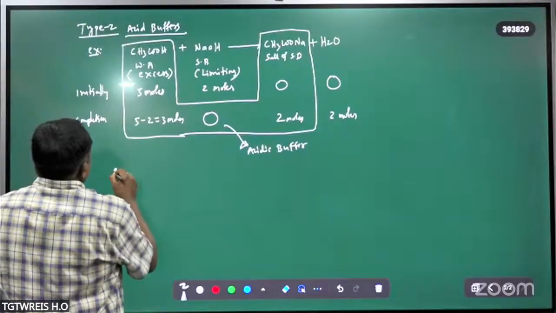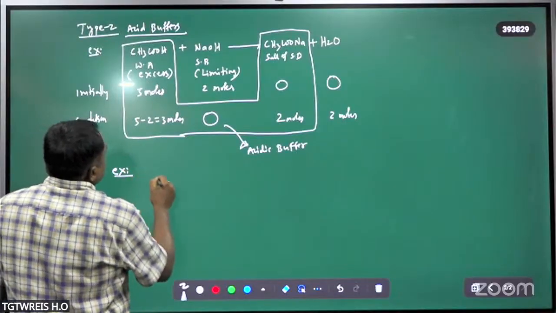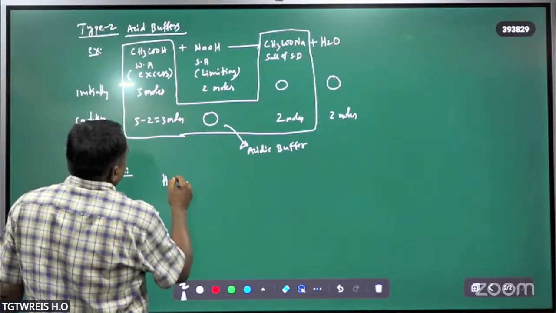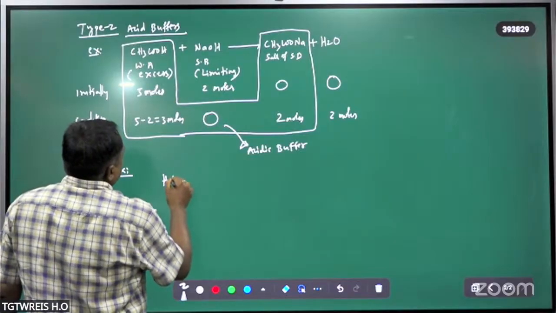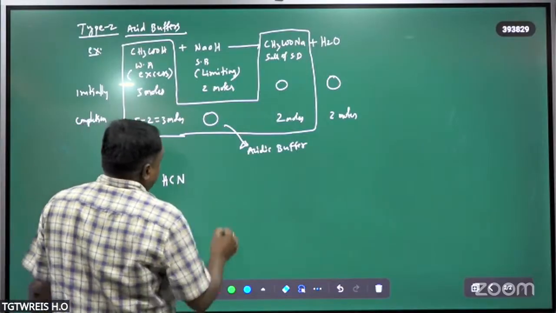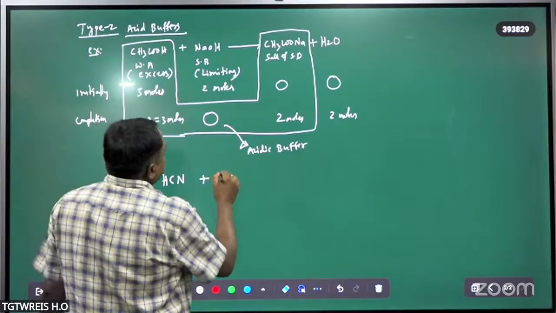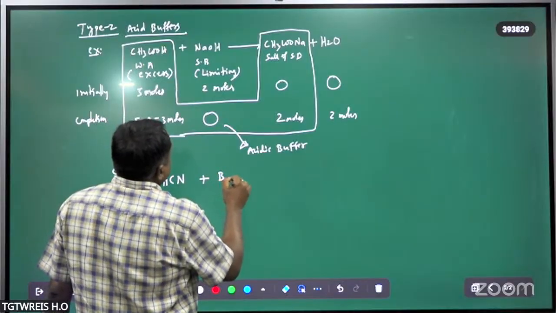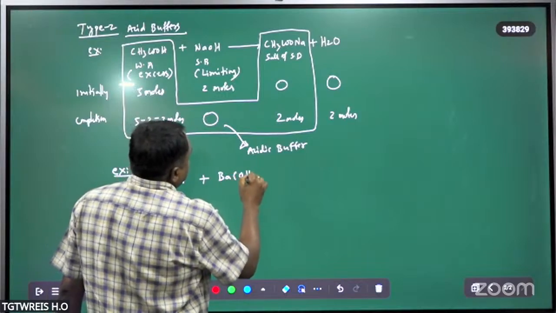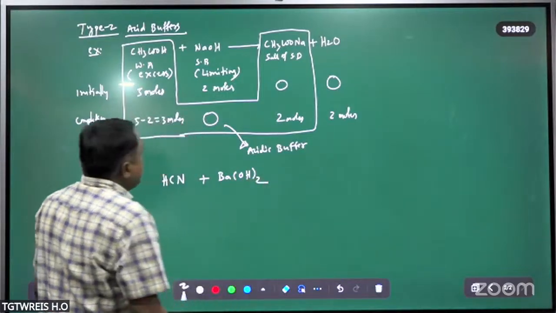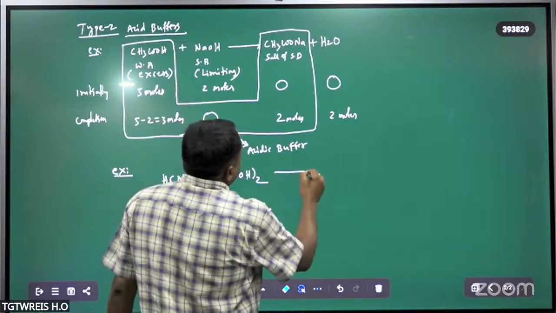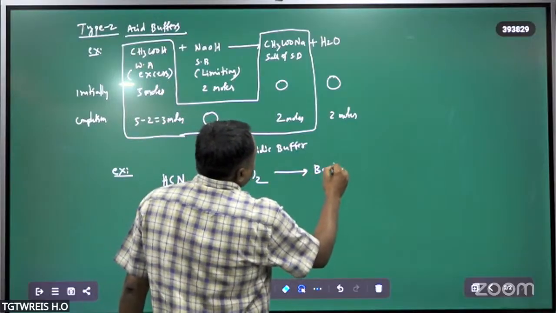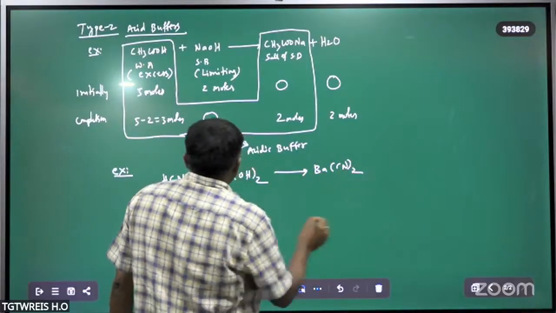And one more example in this. Suppose you take HCN plus barium hydroxide. So HCN plus barium hydroxide, you will get barium cyanide plus water.